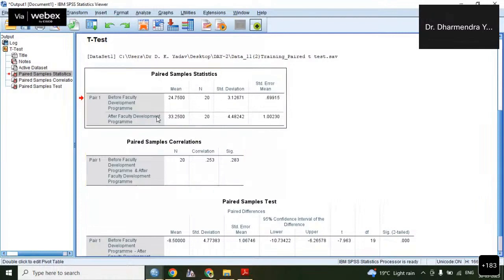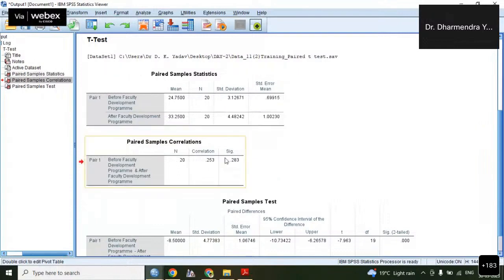So pair 1, before the faculty development program, the mean value is 24 something, and after attending, 33. This is the mean value, and this is the standard deviation. And the correlation between before and after attending this program is 0.253, with significance 0.283.